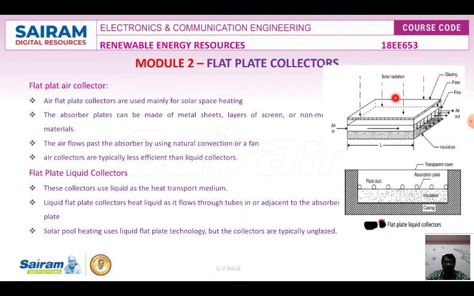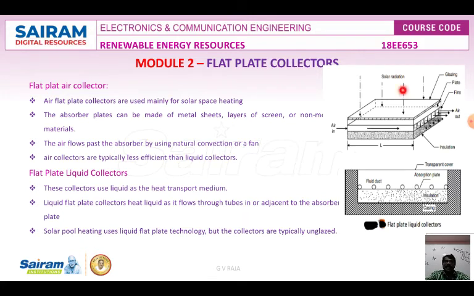This collector uses air as the transport medium, and it is used mainly for solar space heating. The collector absorbs the heat energy, and that heat energy is passed to the room in order to heat a particular room, space, furnace, boiler or slab.